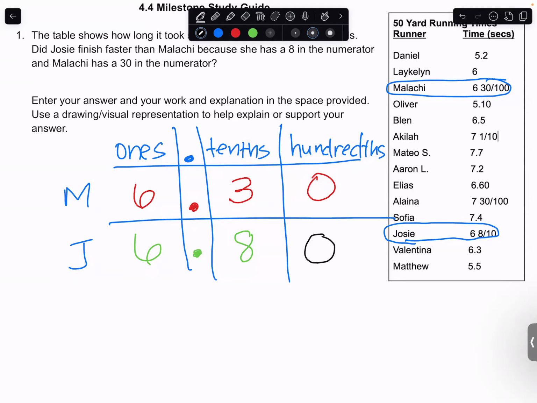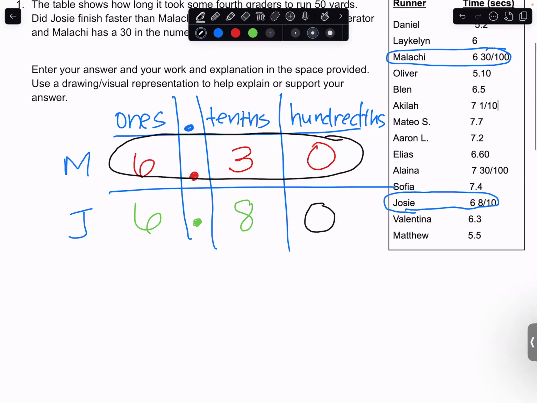Anyone taking longer or slower has a greater time. It's saying that Josie finished faster, but she has an 8 in the tenths place, but Malachi has a 3 in the tenths place. And they both have placeholder zeros in the hundredths place. So technically, Malachi is the one that finished faster.